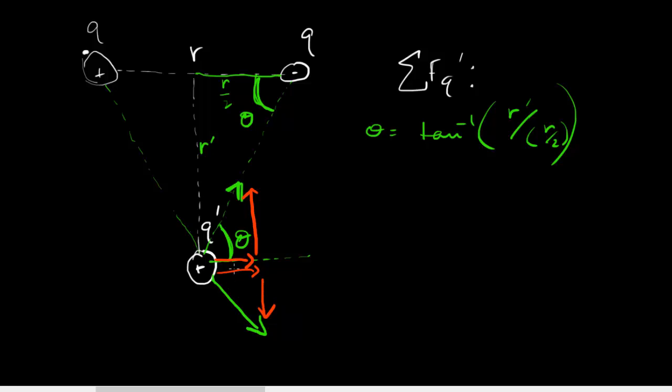And this angle is also theta, right? So to find the net force, we need to find the sum of forces in the x direction on Q prime, and the sum of forces in the y direction on Q prime.